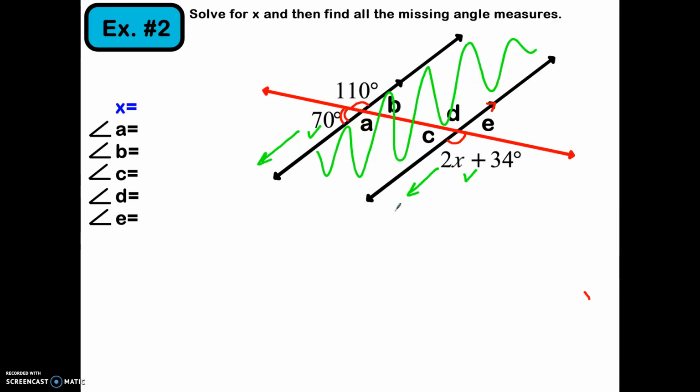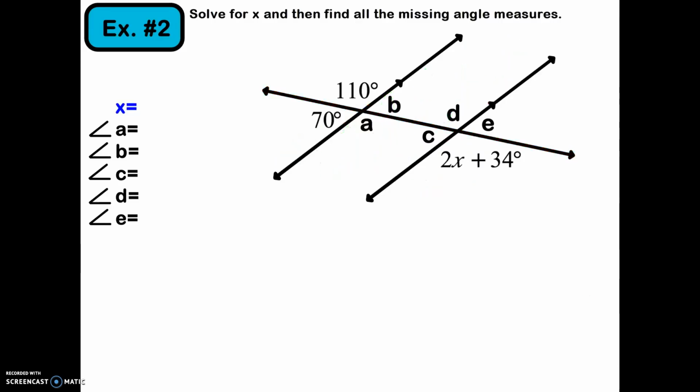No. So what I really need is this 110 degrees. 110 degrees and 2x plus 34 degrees are on opposite sides of my transversal. One is above and one is below, and they are exterior of the parallel lines. So I know that those are called alternate exterior angles.